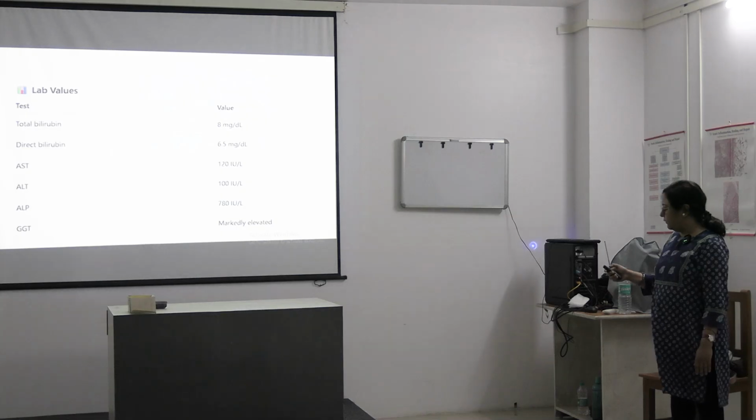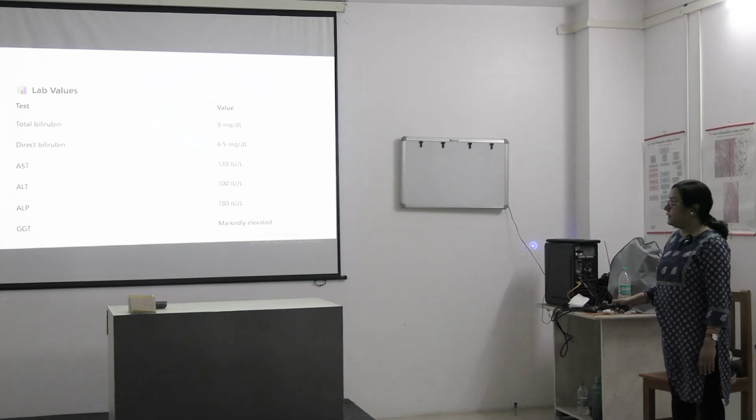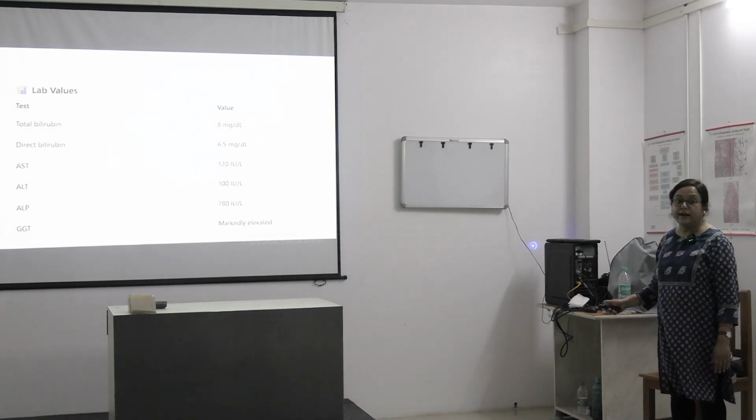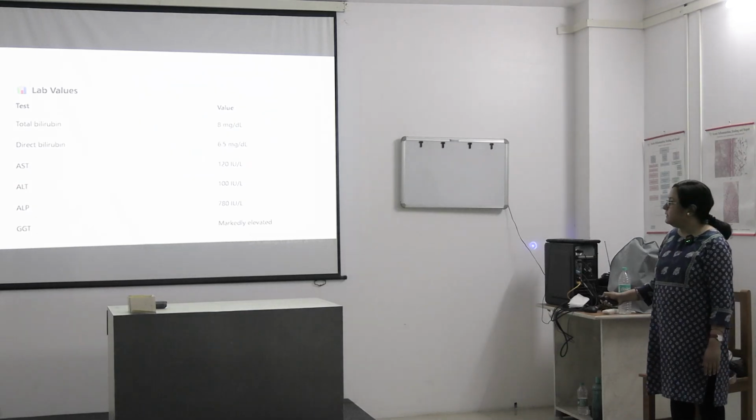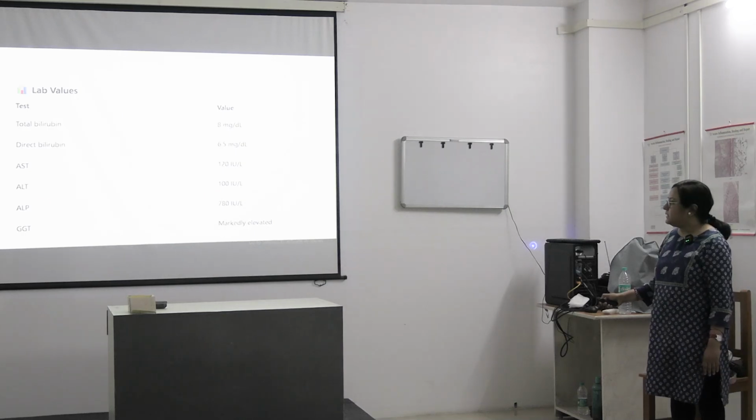So the lab values will be like this: bilirubin is raised, AST, ALT are raised, but ALP is highly raised. See here it is increased but not that much, but ALP is highly raised. GGT is also markedly elevated.